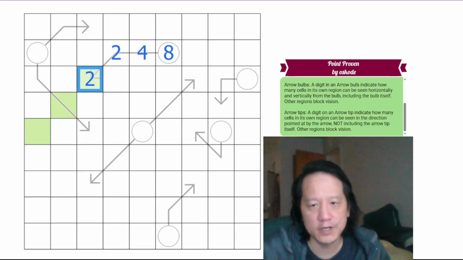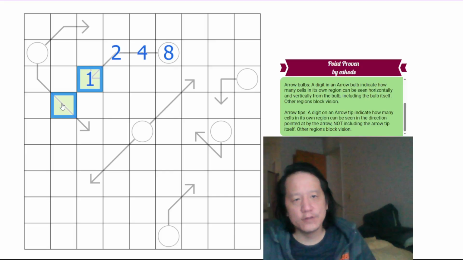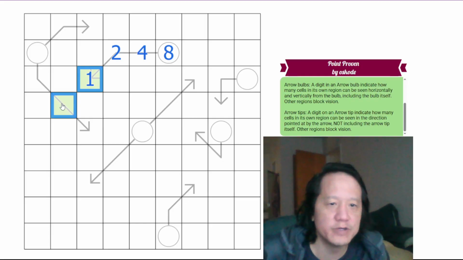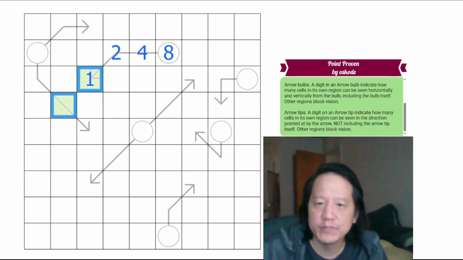If this was 1, then this one would just be the same region as this. And those are all the rules. If you'd like to play along, there's going to be a link in the description. And now, I'm going to get started.